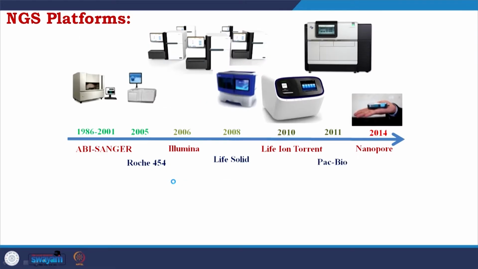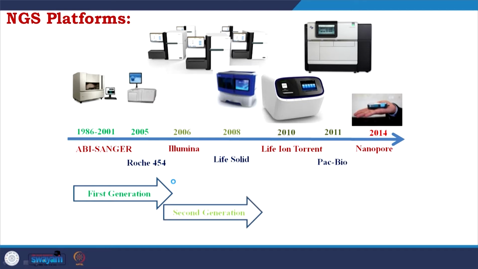So these are the NGS platforms: ABI Sanger, Roche, Illumina, Life SOLiD, Life Ion Torrent, PacBio, and very recently Nanopore. ABI Sanger and Roche are called first generation. Illumina started the second generation, and so did Life SOLiD, but Illumina, as you can see here, developed a kind of monopoly.